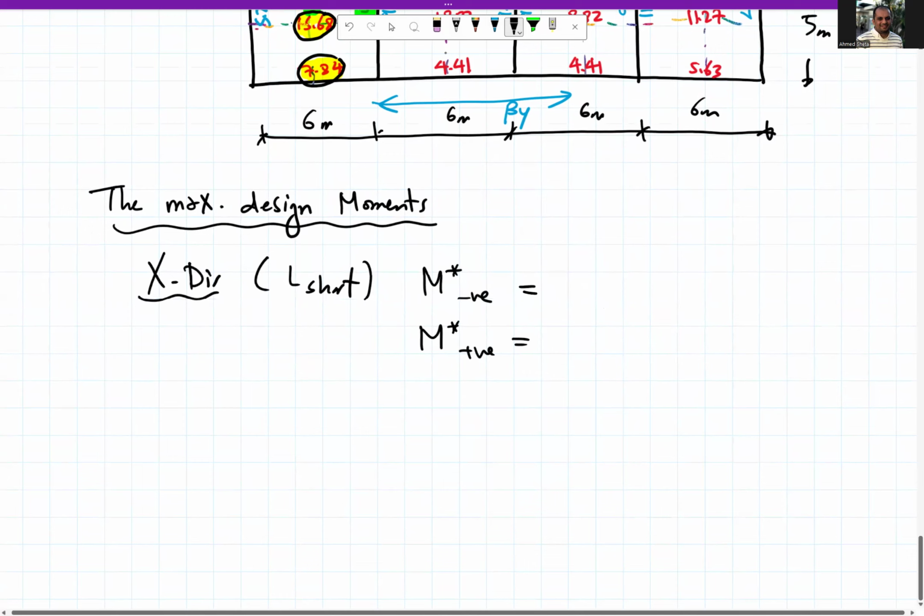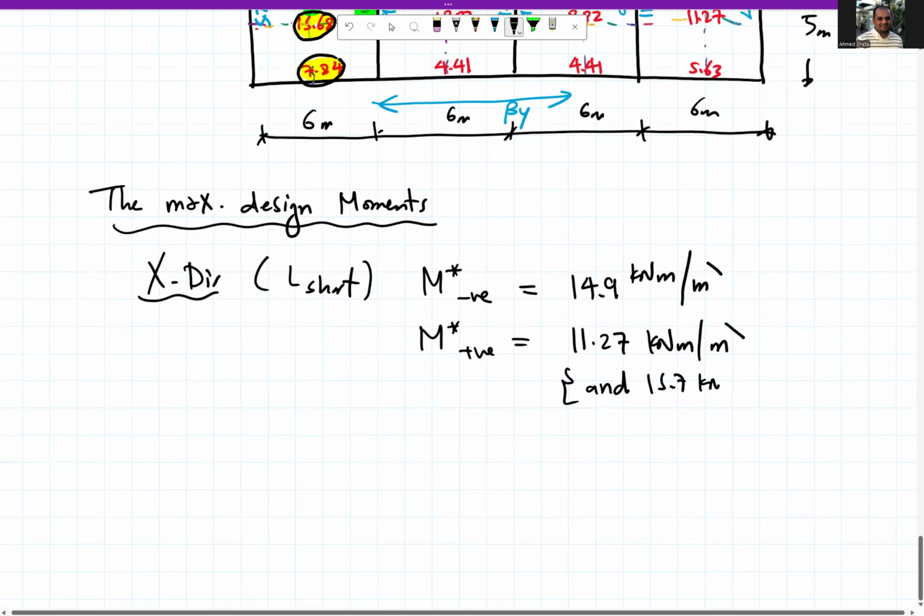We have 14.98 kilonewton meter per meter, and we have 11.27 kilonewton meter per meter, and only 15.68 kilonewton meter per meter in one slab.